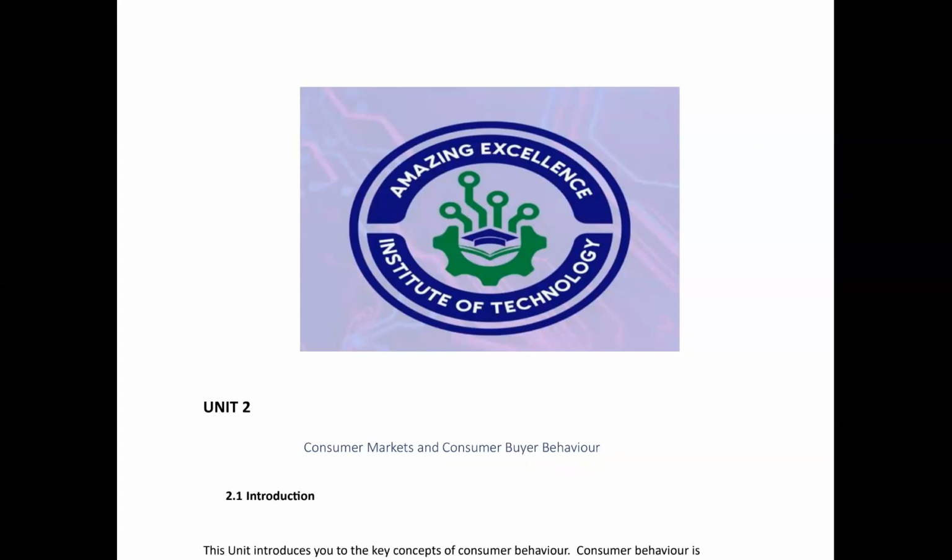So what we study is the conditions or the stimuli that influence the buyers in the process of buying, or in the decision-making process. What is it that usually influences them?